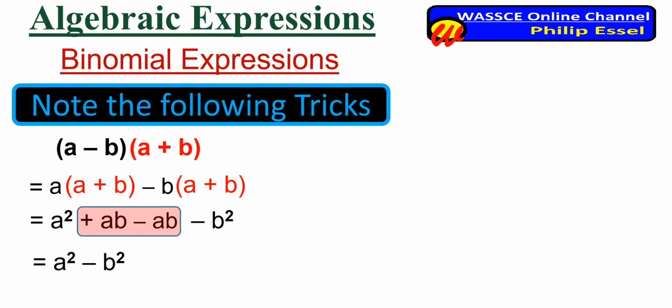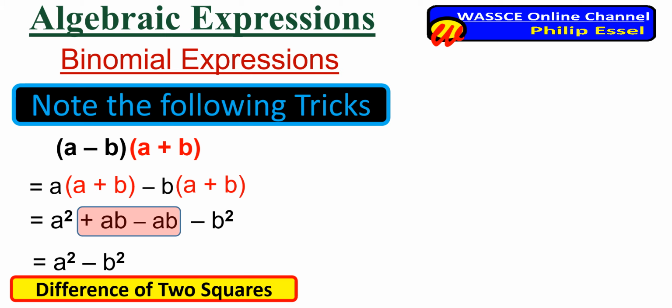In this final answer, you would realize that you have a squared item being subtracted from another squared item. Another word for subtraction is difference. So because you have one squared item being subtracted from another squared item, you can refer to this expression as difference of two squares.